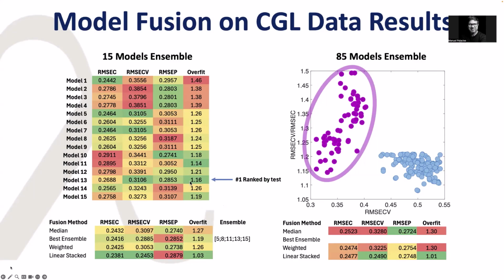We're going to have here also all the results for the fusion methods on those 15 models, including, for example, when we have the best ensemble. And we are going to show you here what the best ensemble is. I don't remember if I show the number one ranked by test setting every single model, but it's easy to find because you can see the contribution.